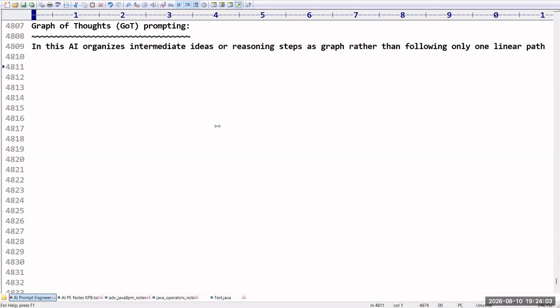Instead of following only one linear path, what we are doing here is using some kind of intermediate ideas. From those intermediate ideas, you can get some trick.